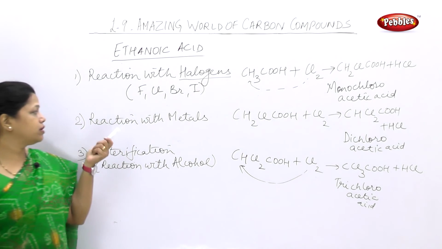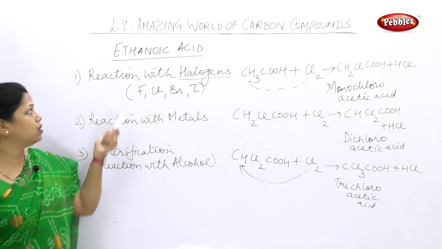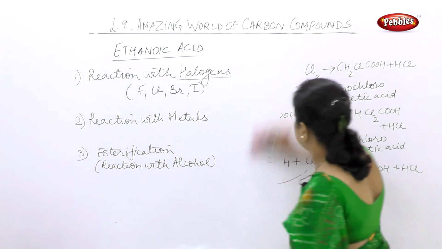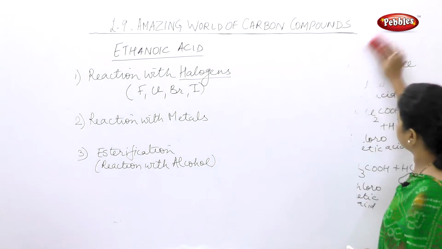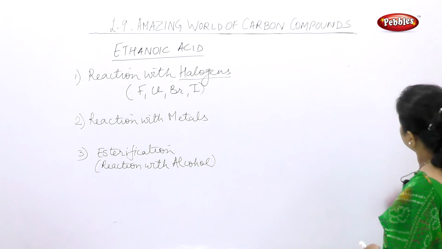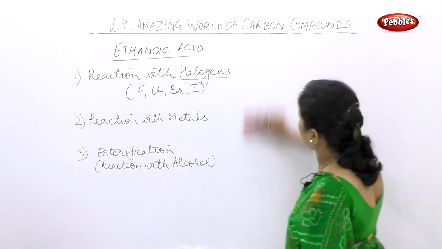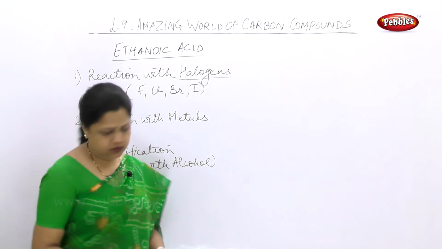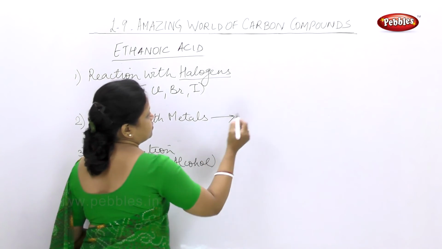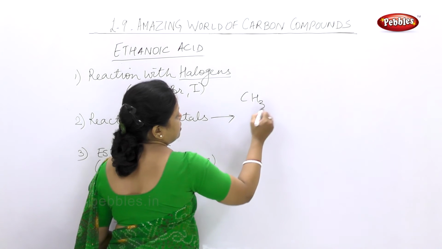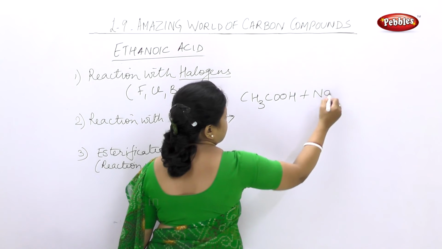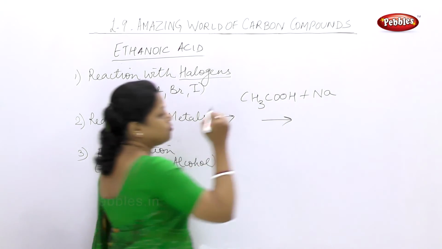Next we are going to see how the acetic acid or the ethanoic acid reacts with metals. Now here we are going to take again the sodium metal to make you understand better how the reaction of ethanoic acid takes place with sodium. Let's write CH3COOH plus Na. Now what will happen?